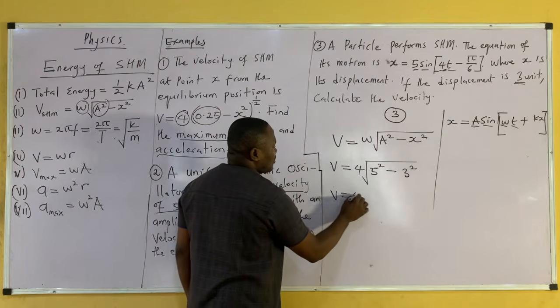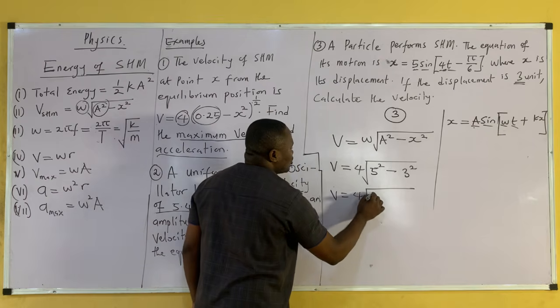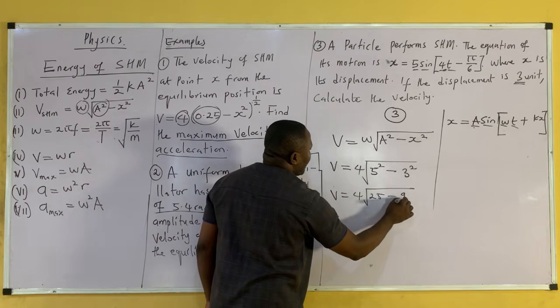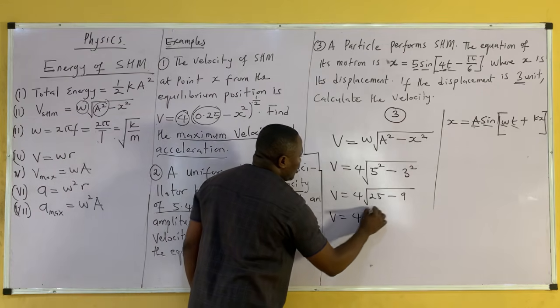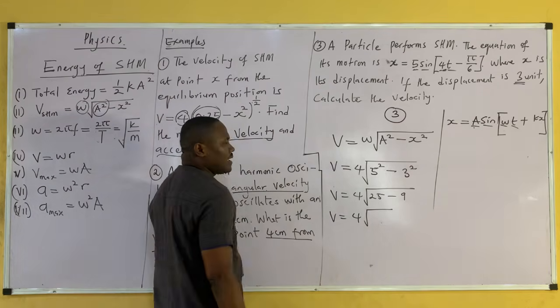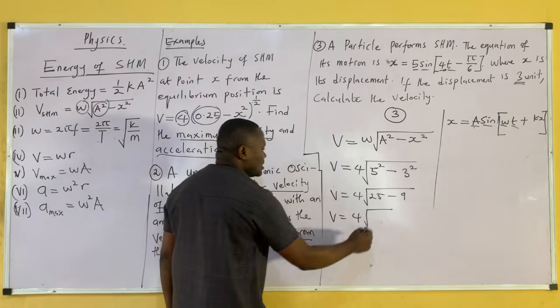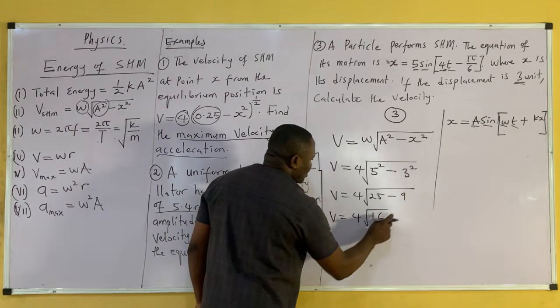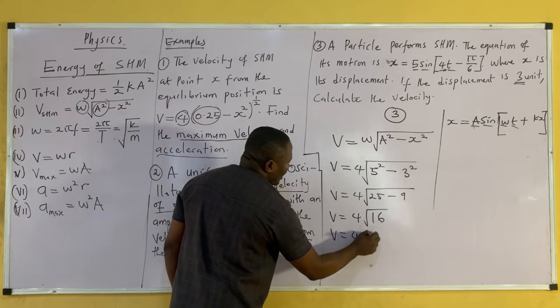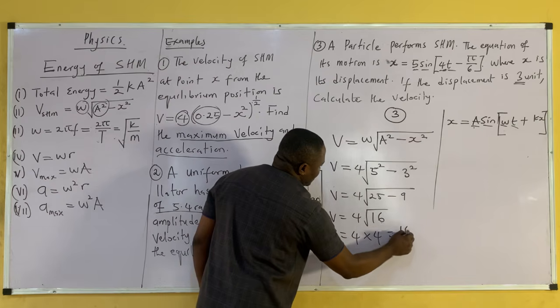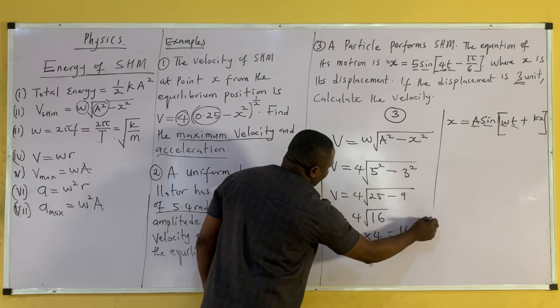So V is now equal to 4 square root of 25 minus 9. So V will now be equal to 4 square root of 16. Now, what is the square root of 16? V is now equal to 4 times 4. The answer is 16 rad per second.